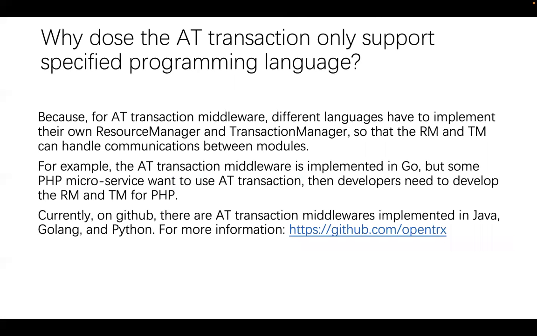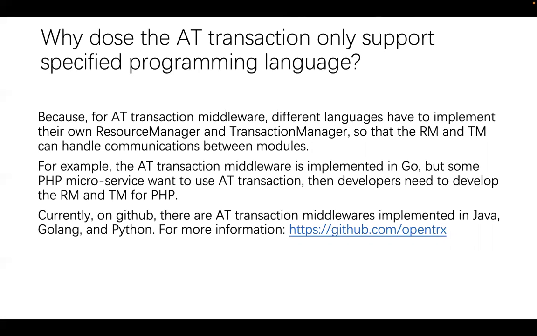I will introduce more about why the AT transaction only supports specified programming languages. For AT transaction middleware, different languages have to implement their own resource manager and transaction manager, so that the RM and the TM can handle the communications between modules.